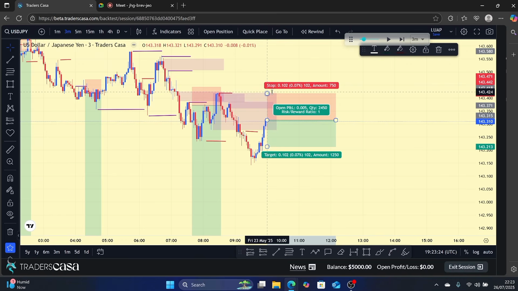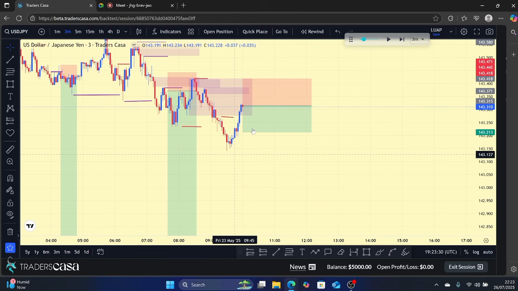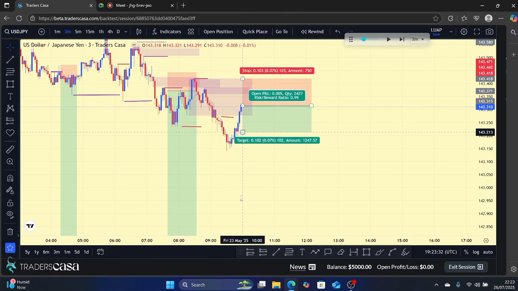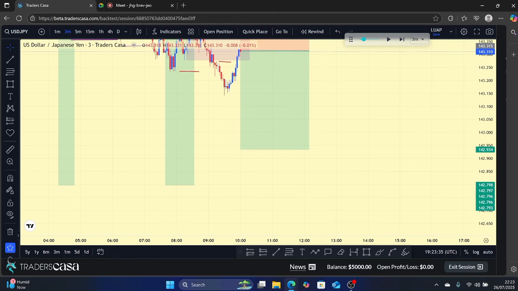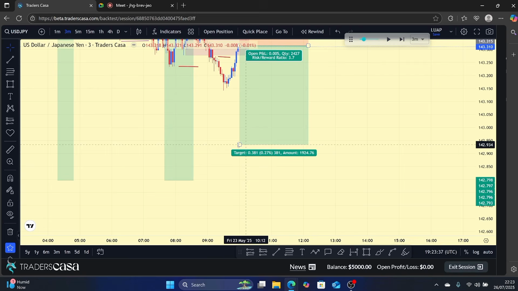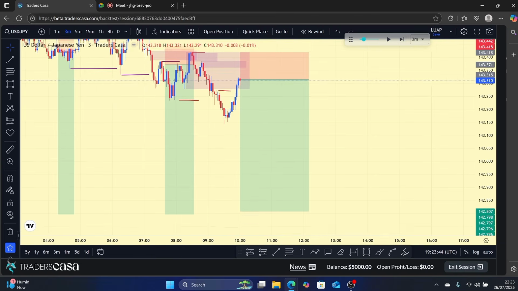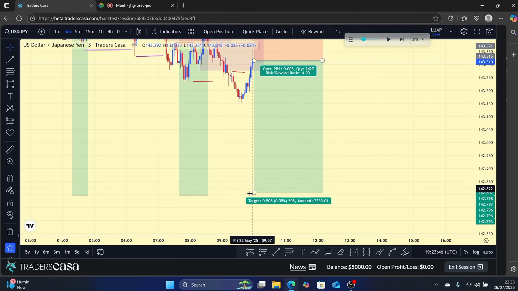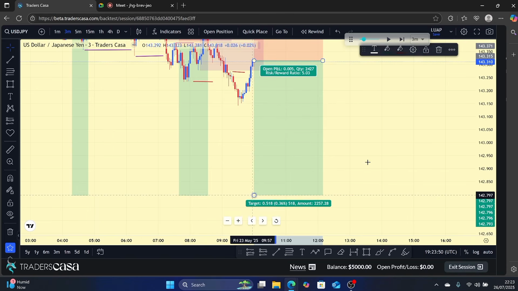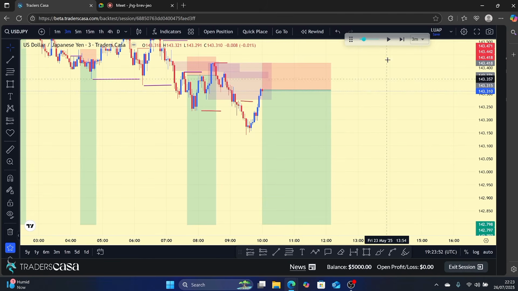Stop loss, of course, at this high, because this one here is a major inducement, and target profit, of course, at this end. Alright, so this will give me a 5, I guess. You can see, I will just need to extend from, yeah, so that will give me a 5.